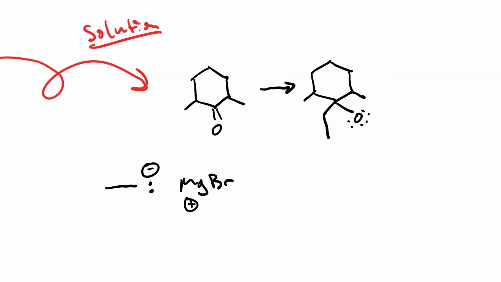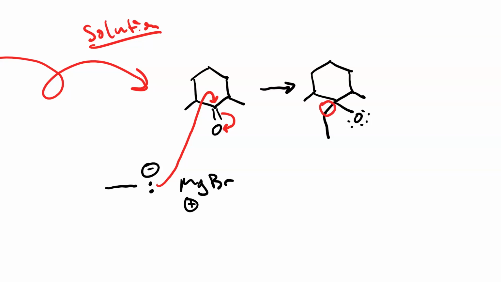Here's the solution. This is the ethyl group from our ethyl magnesium bromide. This pair of electrons, this nucleophilic attack at the carbonyl carbon, that exceeds the octet there, so it changes into a lone pair, pi bond to lone pair.